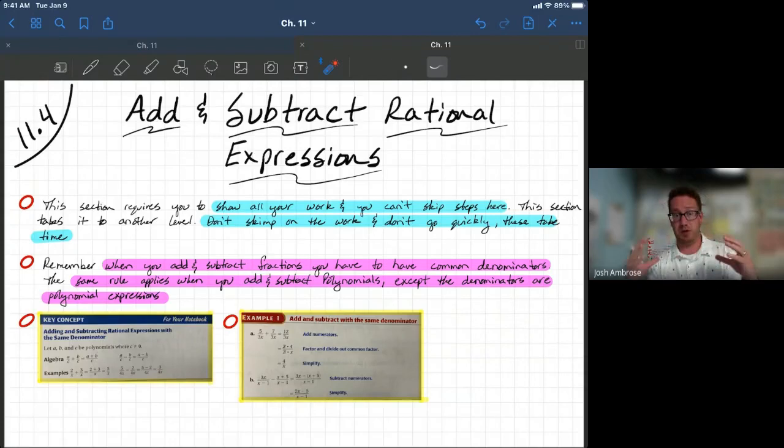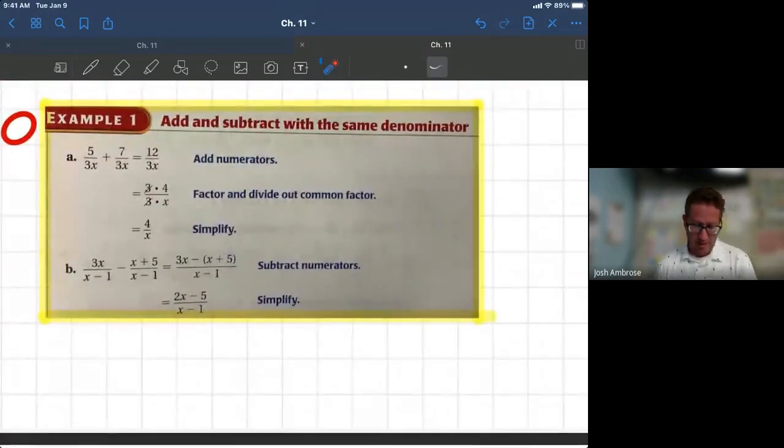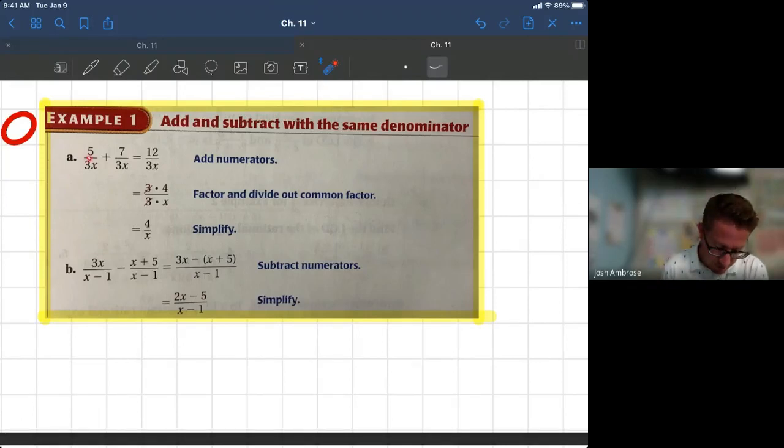It's a whole expression. So I'm going to zoom in on this example right here so that you can see what it looks like when denominators are already the same, but you can also see when they start to have polynomial expressions. So this is a real basic monomial, meaning there's one term here. We have common denominators, same denominator.